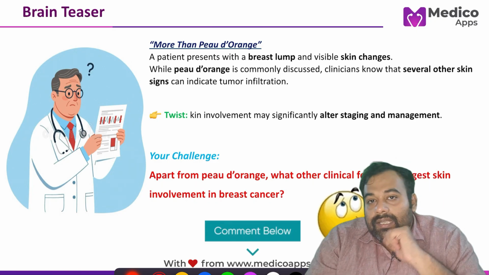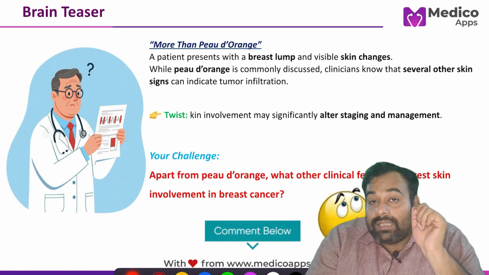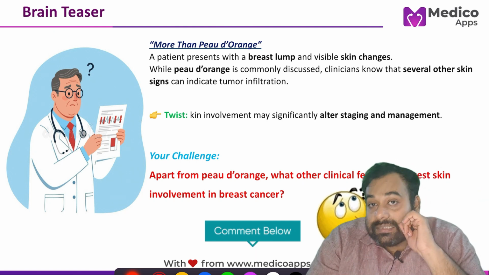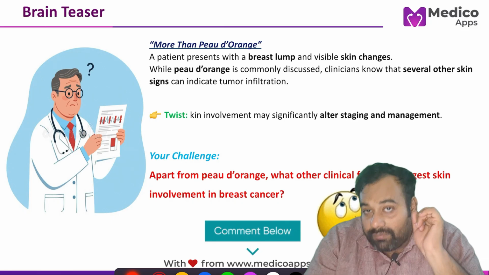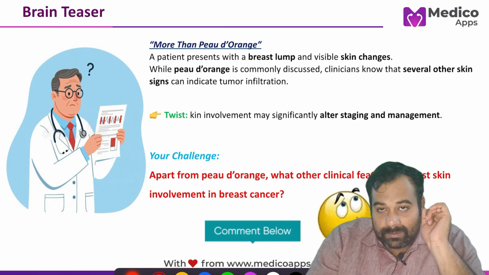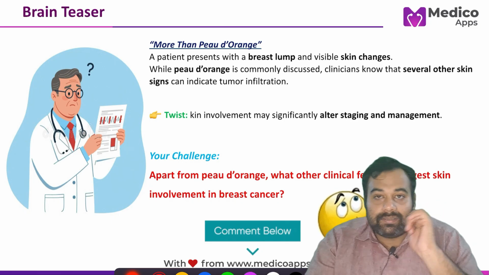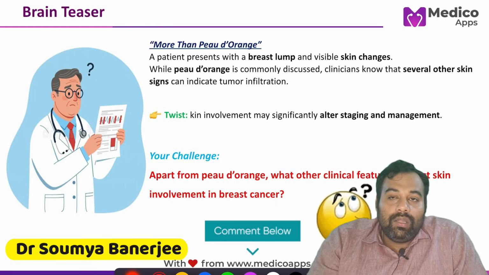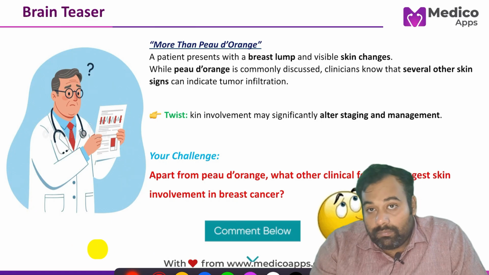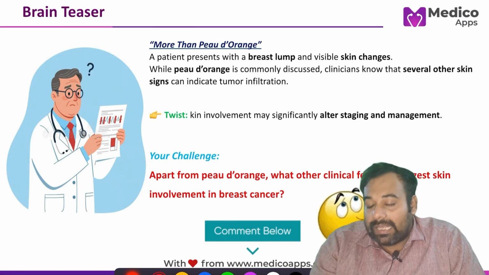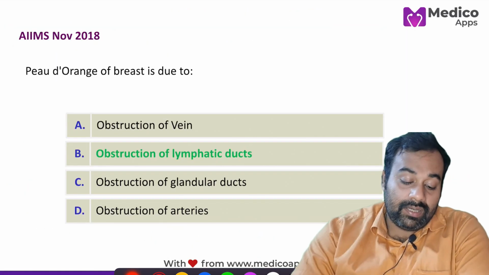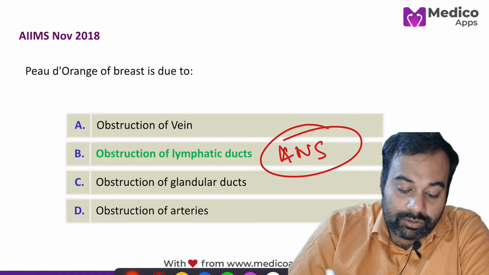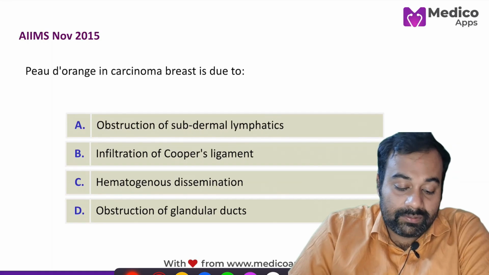Now let me know what other clinical features will be considered under skin involvement in breast cancer cases, right? Whoever is able to give me the answer in the comments below will get some exciting gift from us. So here your answer is going to be obstruction of the lymphatic ducts.